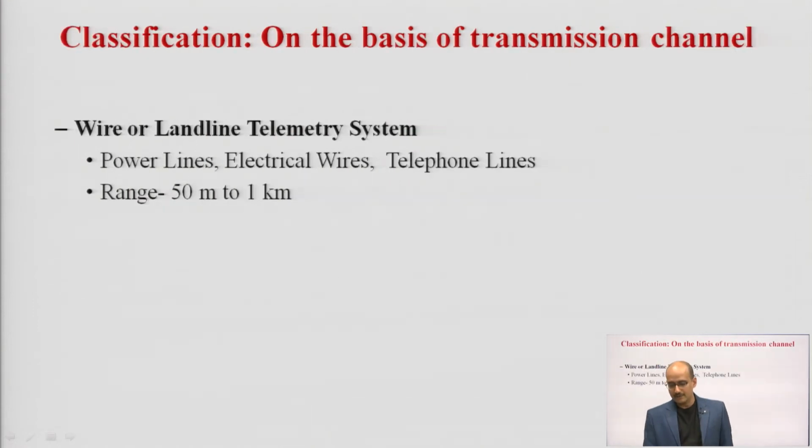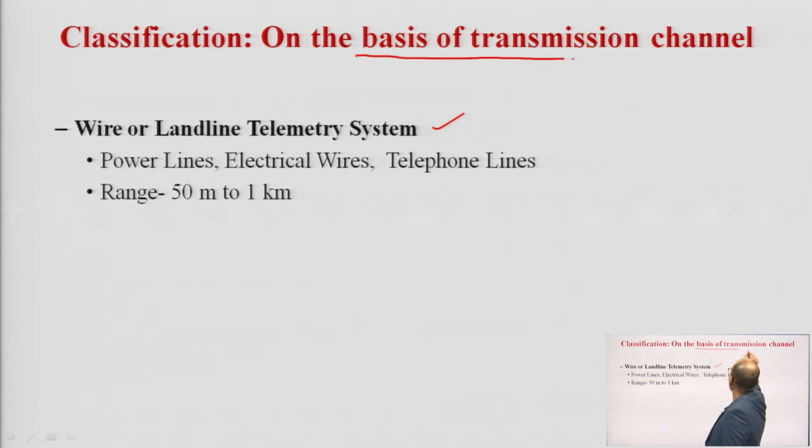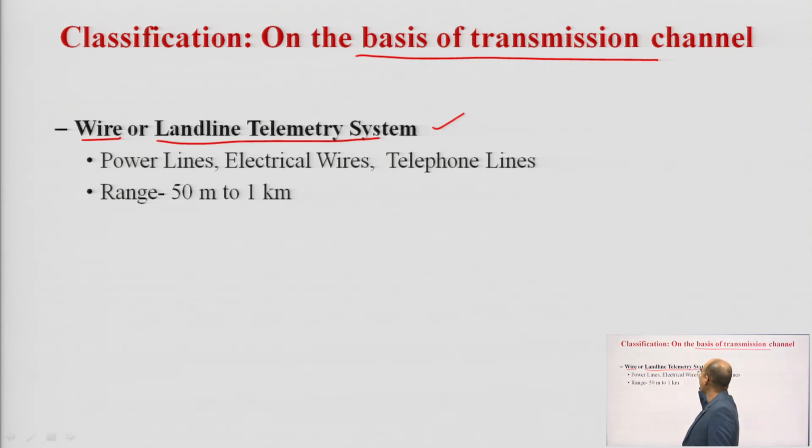Starting from the very first point, I already told you in the transmission medium part that there are two types of telemetry system on the basis of transmission channel. First one is the wired or landline telemetry system. Now, what is the point related to that?